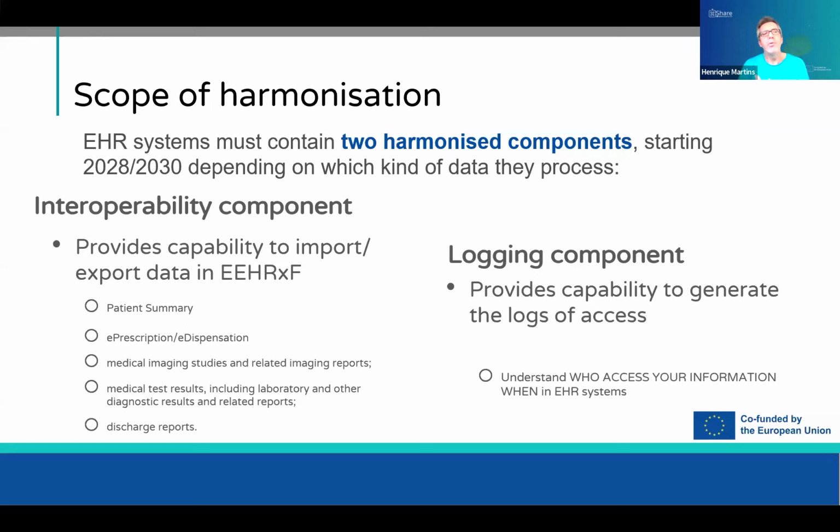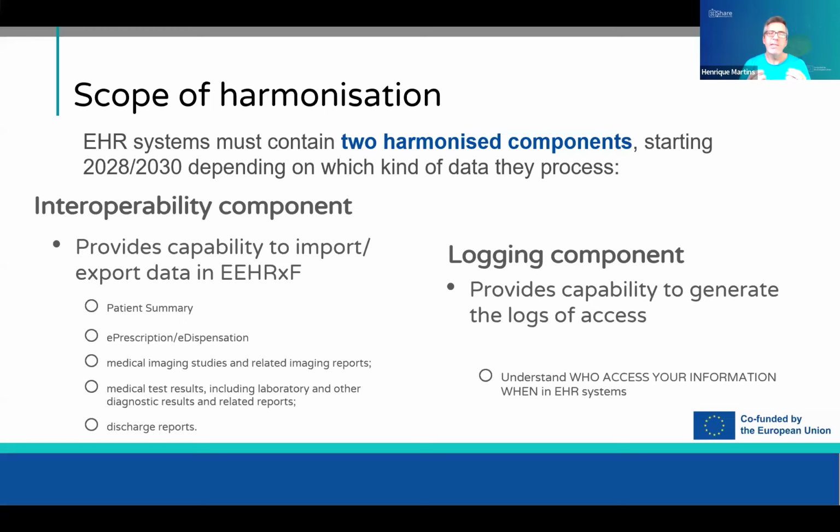And then the second component is called the logging component. This basically means allowing you to know who has accessed your information, when, and where. So imagine the system, and these already exist in some countries, where you get an email or an alert: Dr. So-and-so, nurse so-and-so has accessed your record.